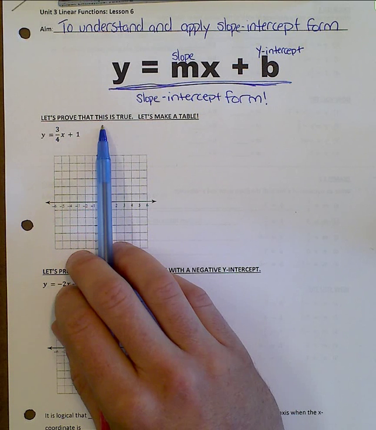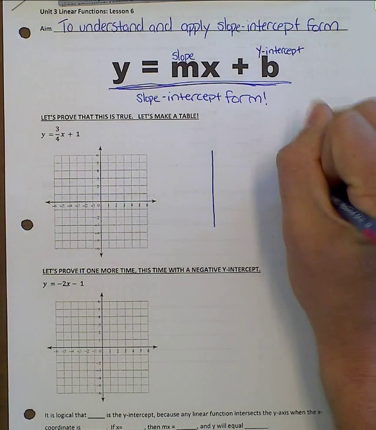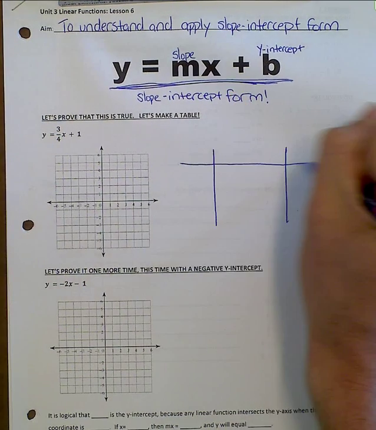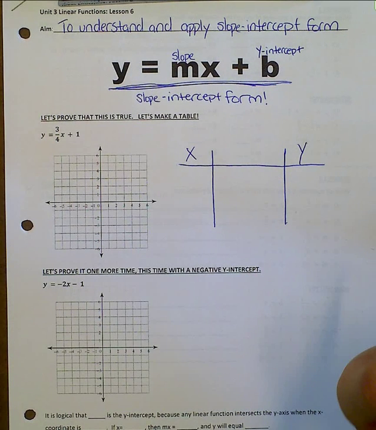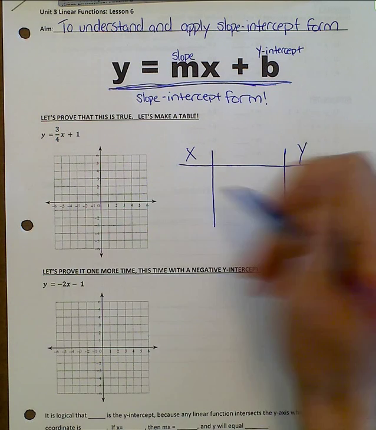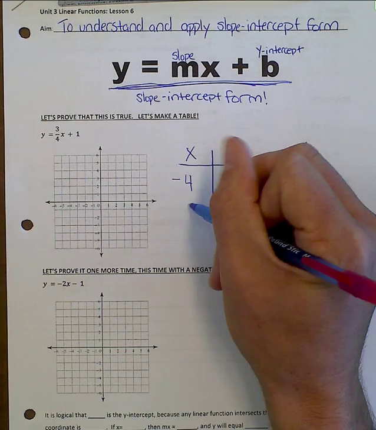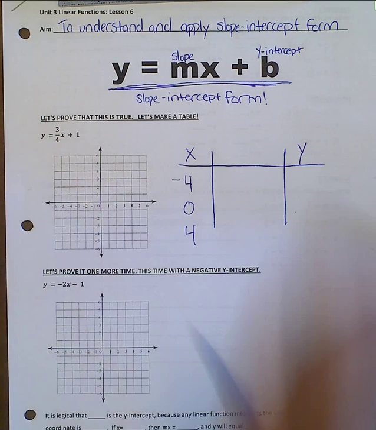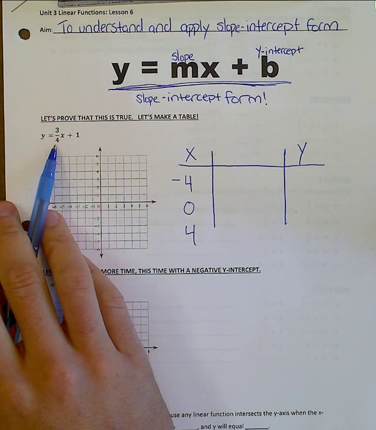Well, let's prove that this is true. Let's make a table. So we know how to do this, and I'd encourage you to pause the video and try it on your own. When I pick my x values, I'm going to pick a negative answer, 0, and a positive answer. And I'm going to choose multiples of 4 because I'm paying attention to the denominator.